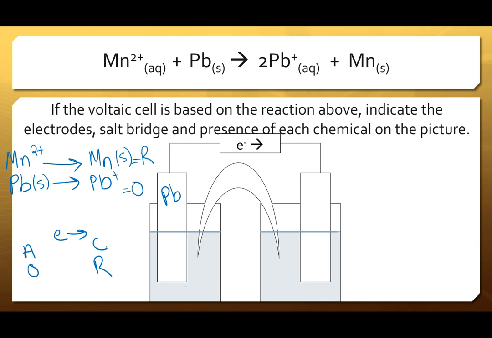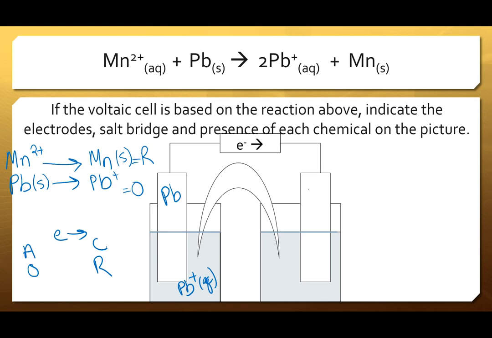And down here in solution is going to be where we find our aqueous lead. Okay. So it's going to have some sort of counter ion down there. I didn't give you any indication what that counter ion is. So just know that the aqueous lead is what's in this beaker here.